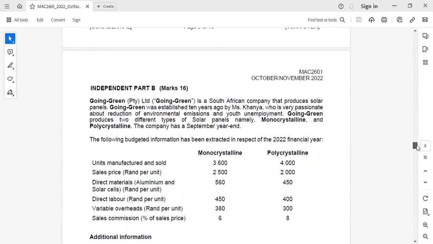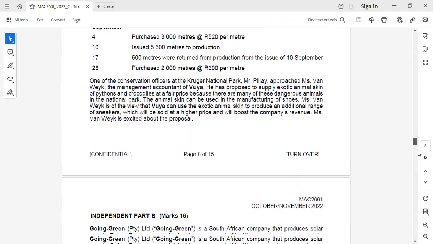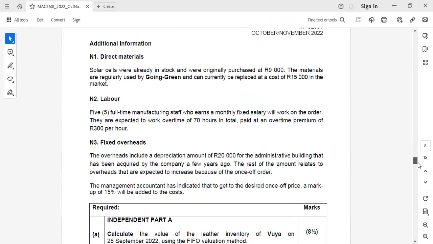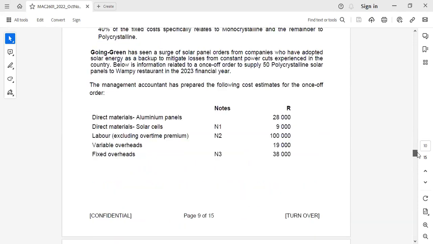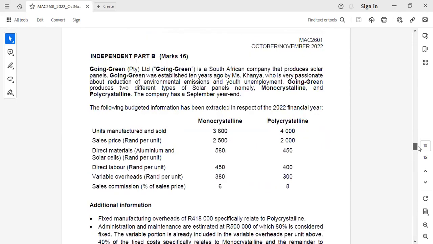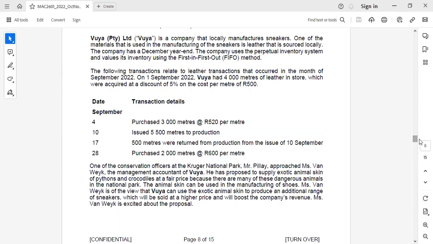Now our question is independent part A. Calculate the value of the leather inventory of Fuya on 28 September using FIFO value method. Right. So we want to calculate the value of this inventory here using FIFO.